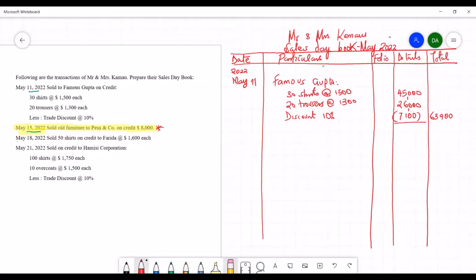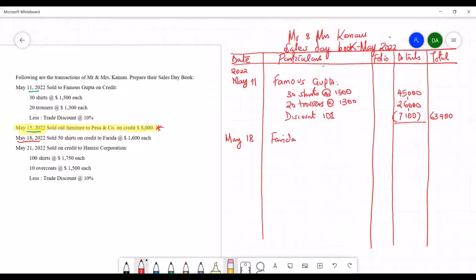Next is May 18, 2022, sold 50 shirts on credit to Farida at 1,600 each. So we're going to have May 18, Farida.